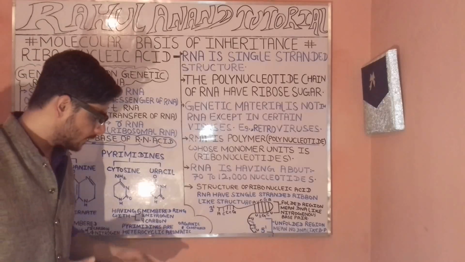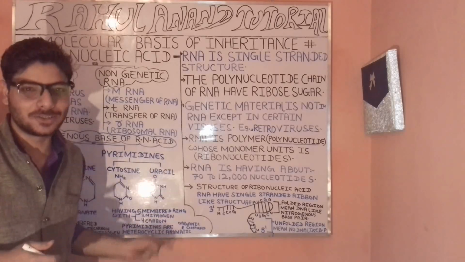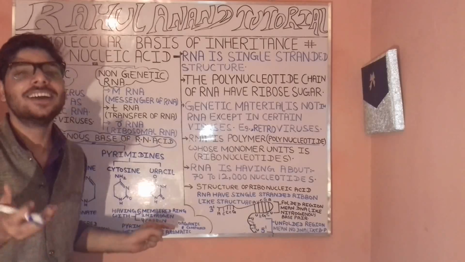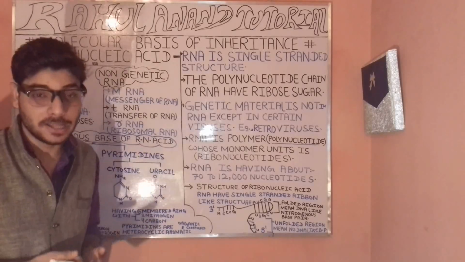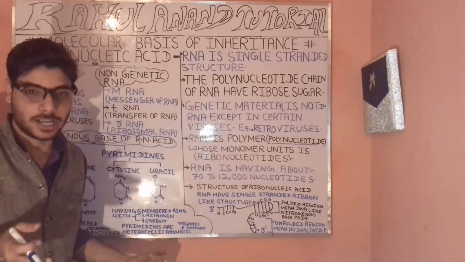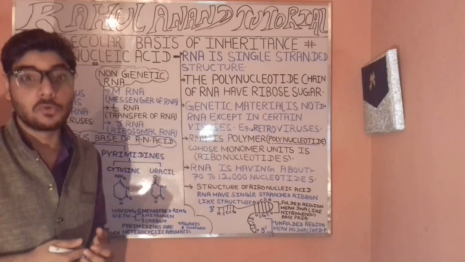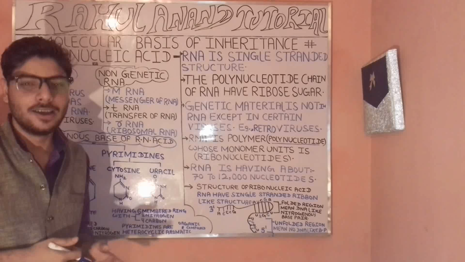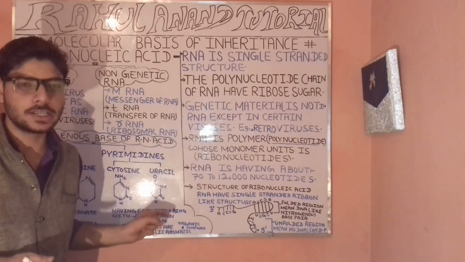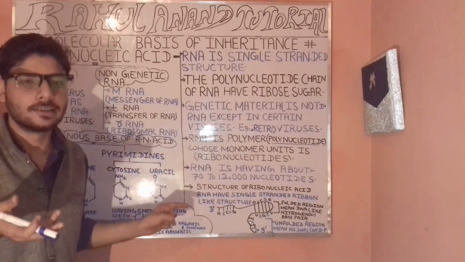So when we combine and understand its structure, it is a heterocyclic, aromatic, organic compound-like structure. In terms of the pyrimidines, these have cytosine as well as uracil.